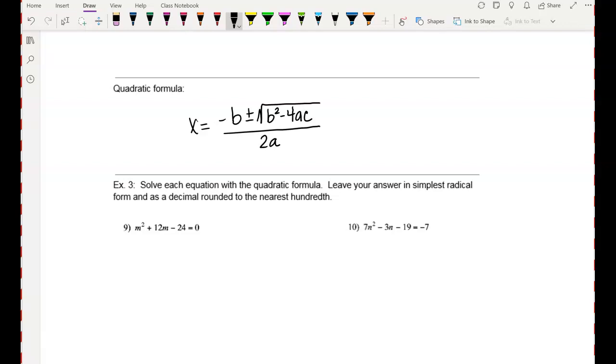The only change is that the answers won't be as pretty, I guess you could say, as we've done. And again, one side of the equation must be equal to 0.